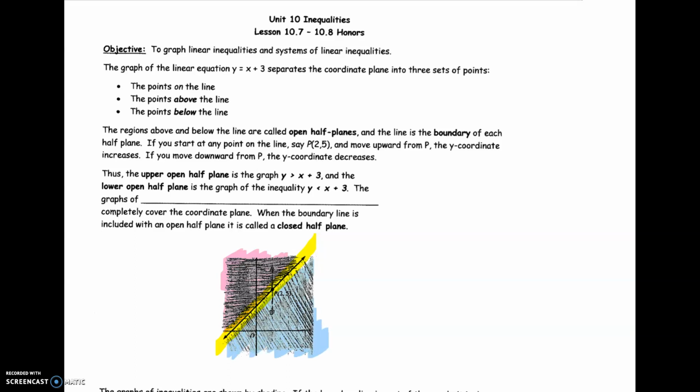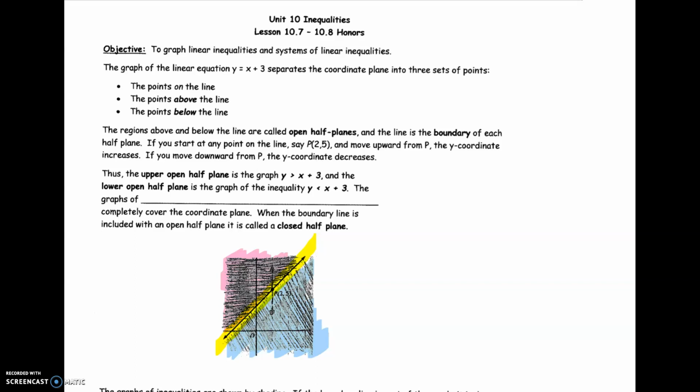The regions above and below the line are called open half planes, and the line is the boundary of each half plane. The line that is graphed is your boundary line. If you start at any point on the line, say P equals (2, 5), and move upward from P, the y-coordinate increases. If you move downward from P, the y-coordinate decreases.